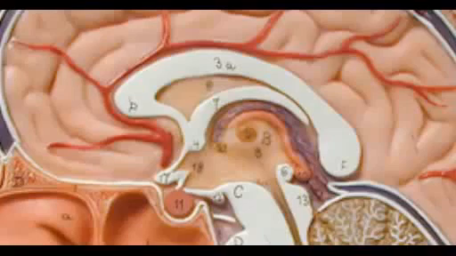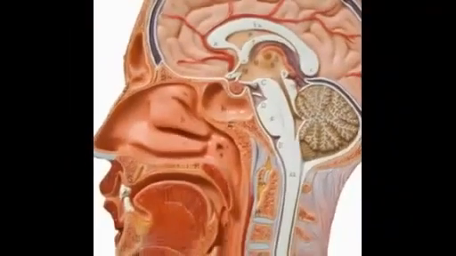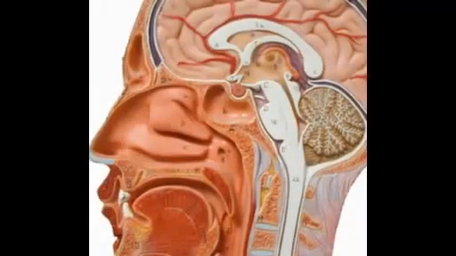Then the tongue is the separation between the physical and emotional. That's why the senses on your tongue are connected to the senses in your nose, the smell, which sits just between the two eyes.